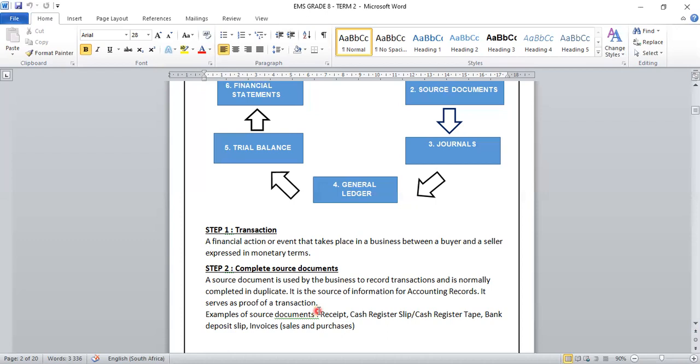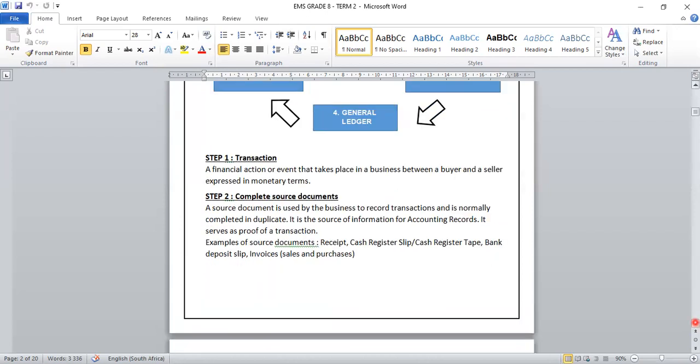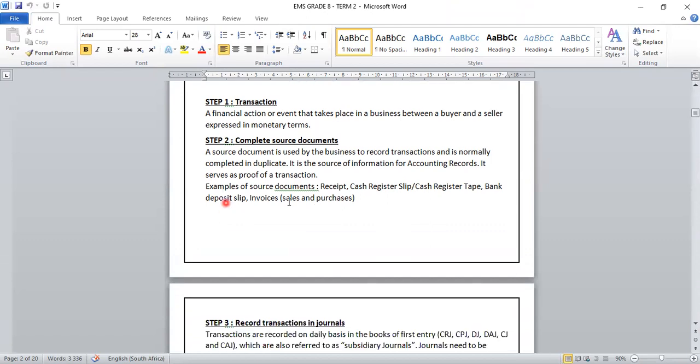A copy will be given to the customer and a copy will be kept in the business for accounting records. This copy that is kept in the business is evidence that a transaction has occurred. Examples of source documents are receipts, cash register slips, cash register tape, bank deposit slips, and invoices from sales and purchases.